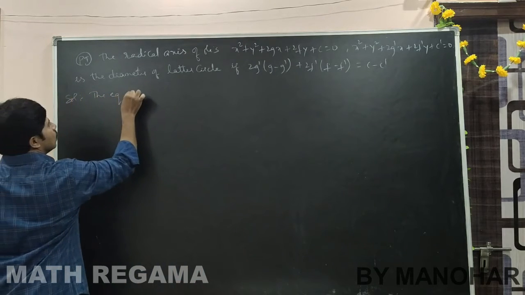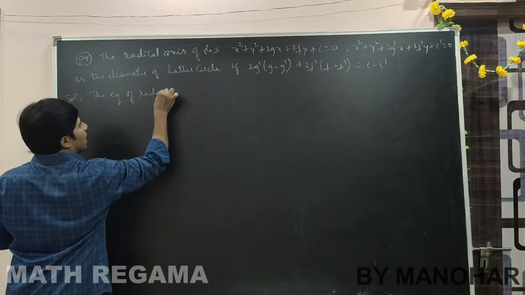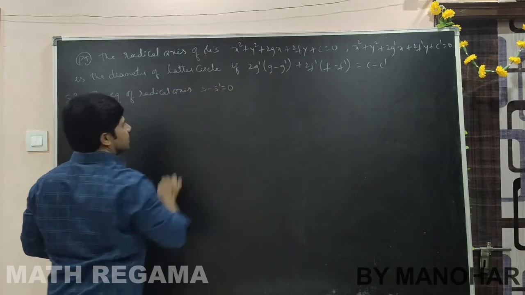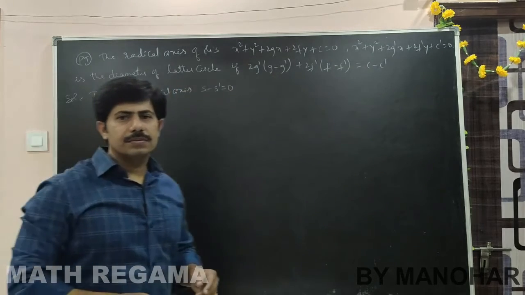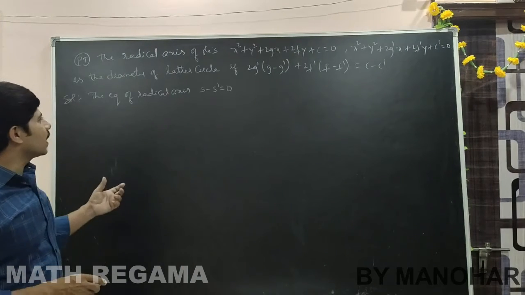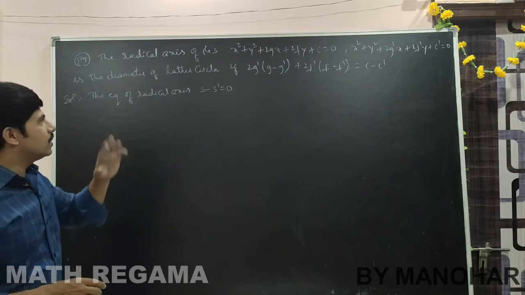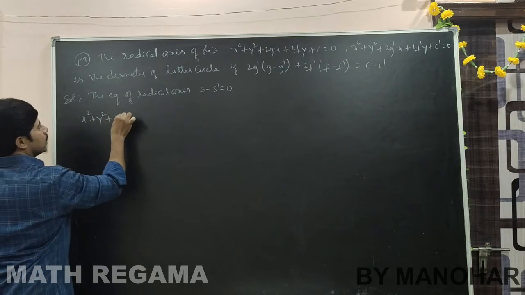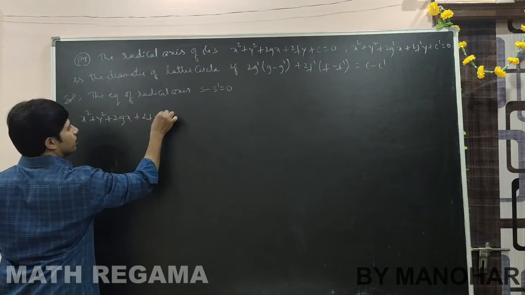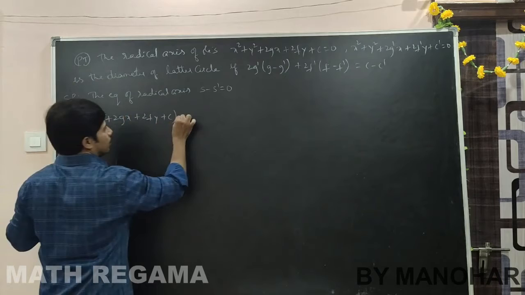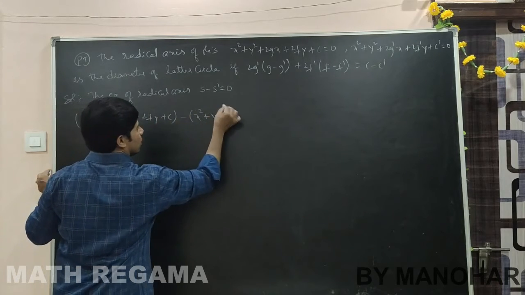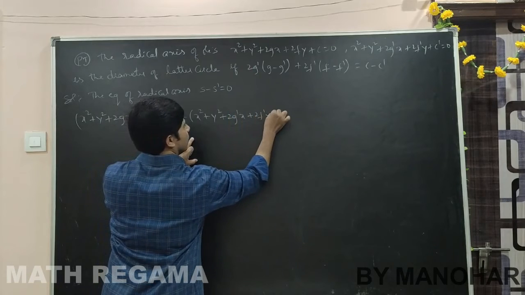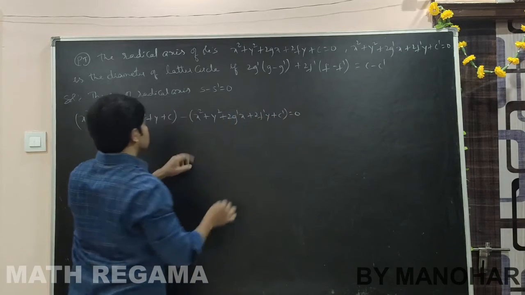The equation of the radical axis is nothing but S - S' = 0. So we'll subtract the two equations: x² + y² + 2gx + 2fy + c minus x² + y² + 2g'x + 2f'y + c' equals 0.